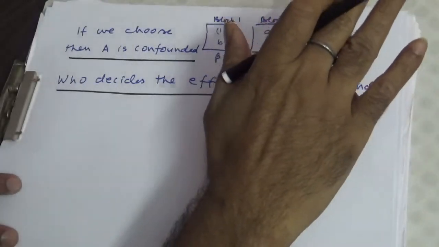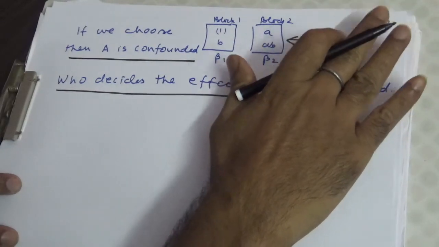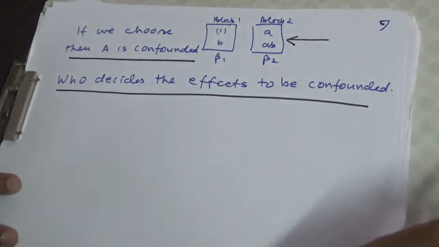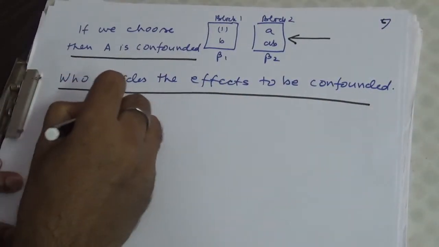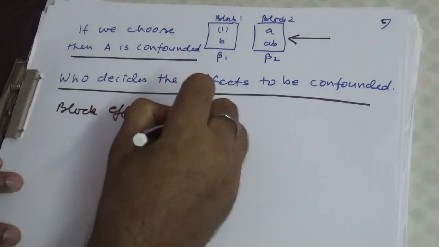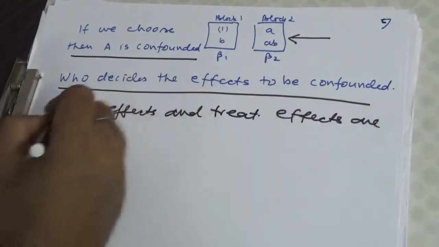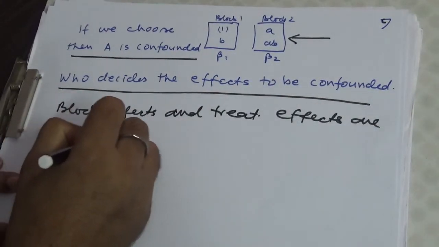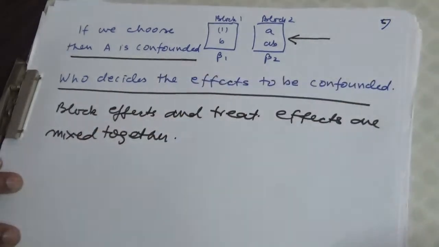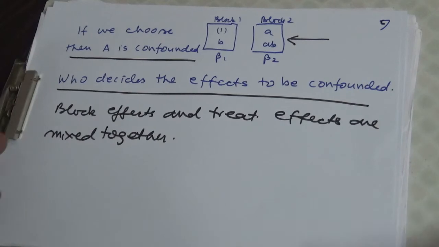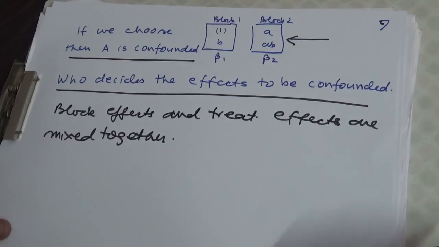But before that, we have to understand the meaning of confounding. The meaning of confounding is that the block effects and treatment effects are mixed together. They cannot be separated out, and that is what we mean when we say that the treatment effects are confounded with block effects.